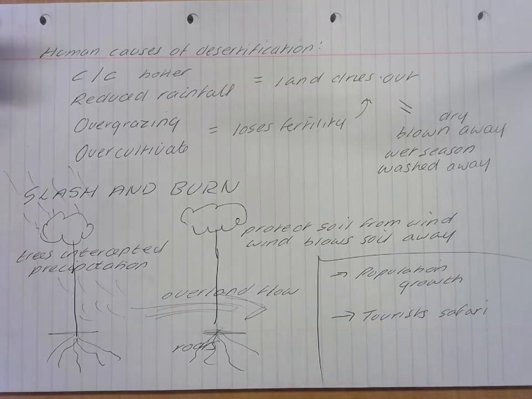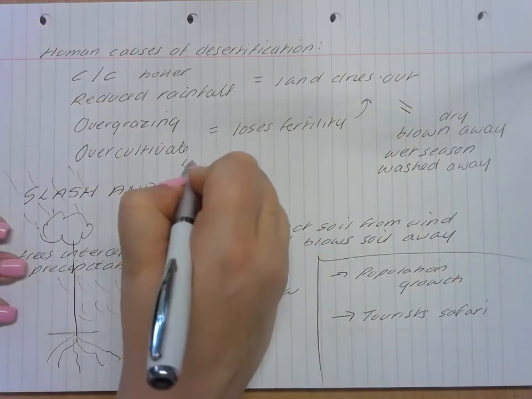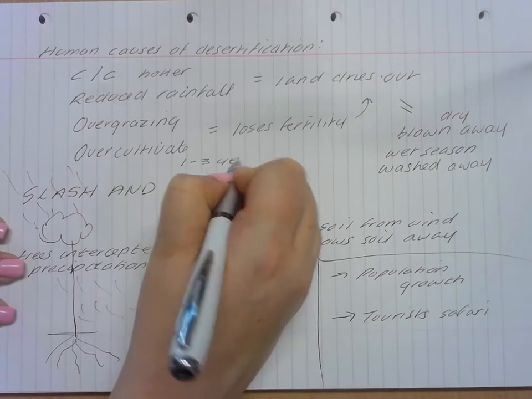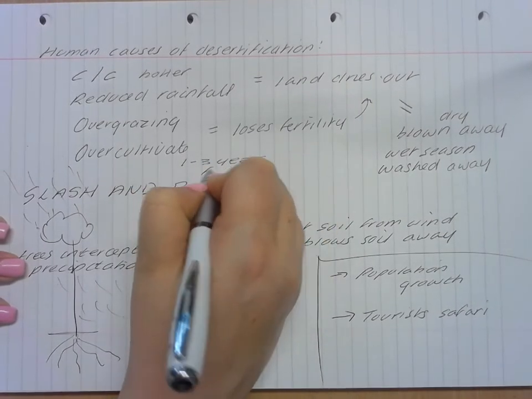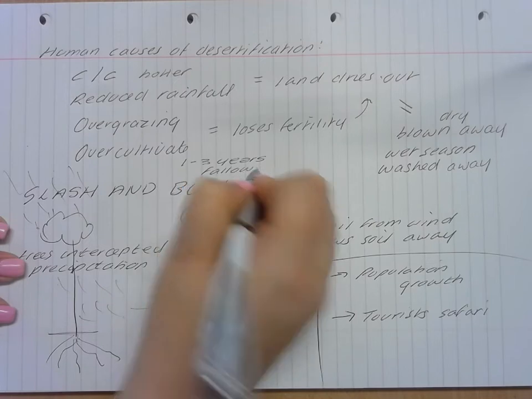Okay, so to reiterate, you've got desertification by climate change, reduced rainfall, overgrazing of animals, and overcultivation of the land, using the land for too long. You should only use the land for 1 to 3 years before you leave it fallow to recover.